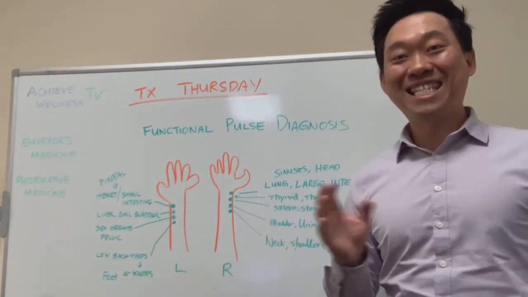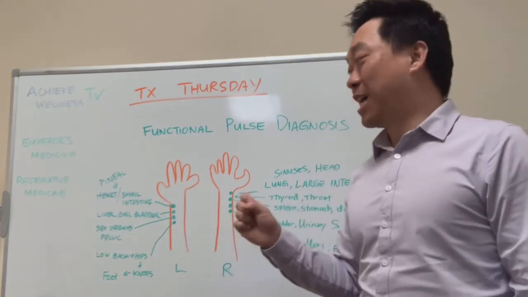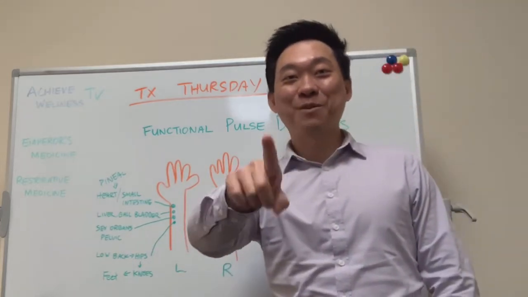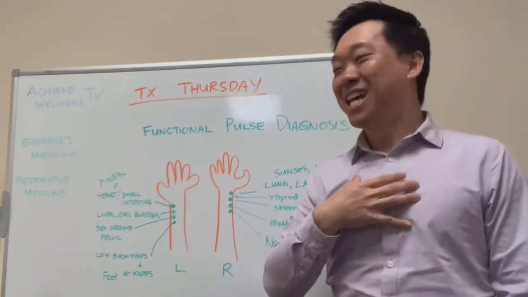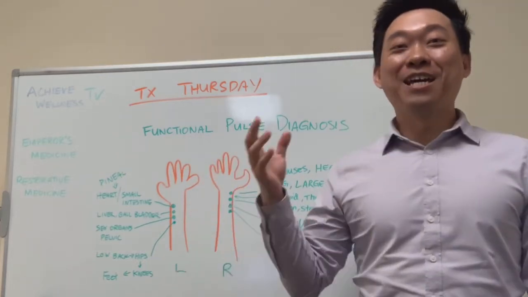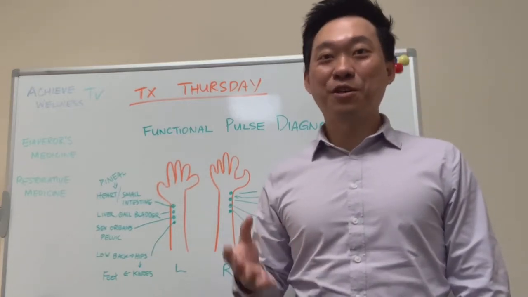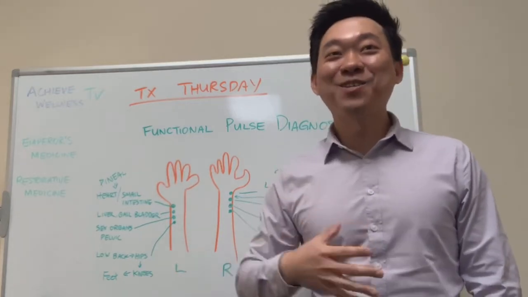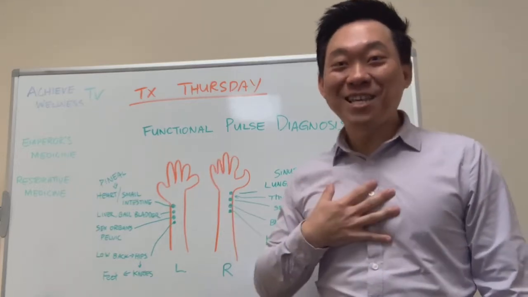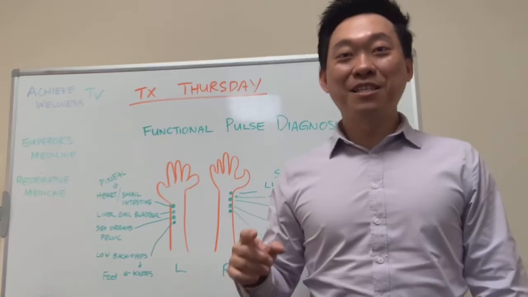Again, we don't treat diseases, we restore function at Achieve Integrative Health. And I'll leave you with one last bit. A patient yesterday, who is mesmerized by pulse diagnosis, was asking me, she's 47 years old and we helped her get pregnant, whether I can tell the sex of the baby through the pulse.